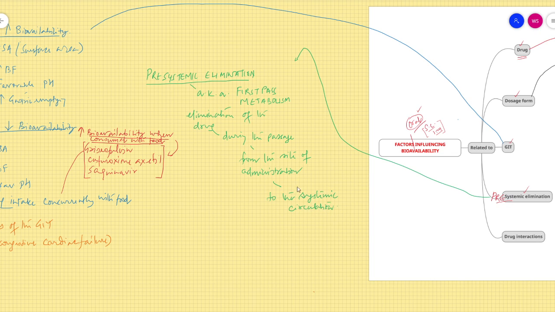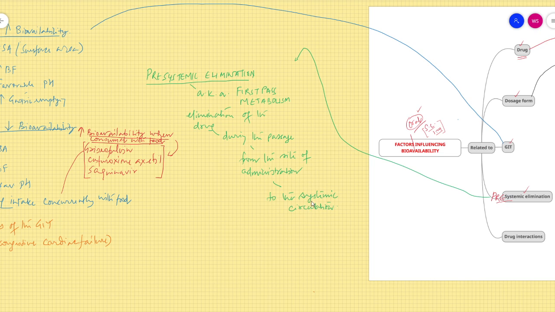Okay, so assume we give a drug to a patient orally, and the patient takes the drug and it reaches the GIT.